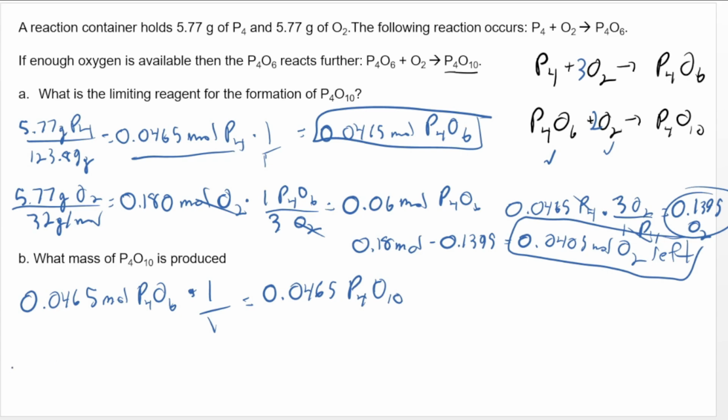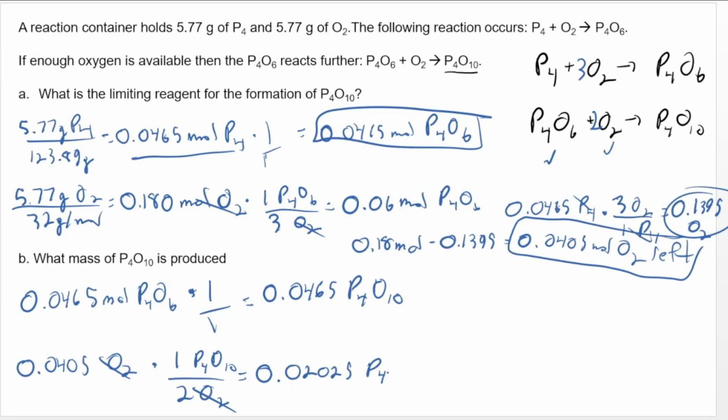We'll do the same thing for oxygen. 0.0405 of O2 times the molar ratio, which is 2-to-1: 2 oxygens make 1 of the product. So it's going to be 1 P4O10 divided by 2 O2. The oxygens will cancel. We're dividing this by 2, giving 0.02025 moles of P4O10.